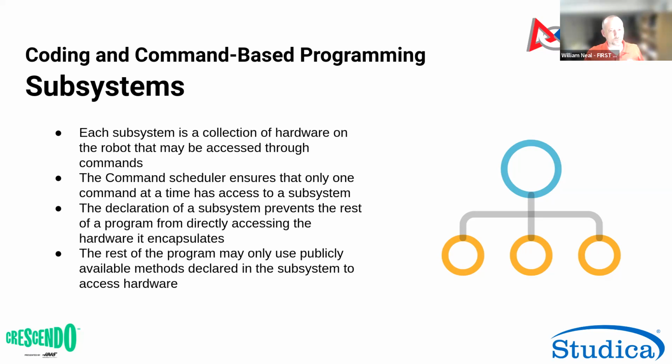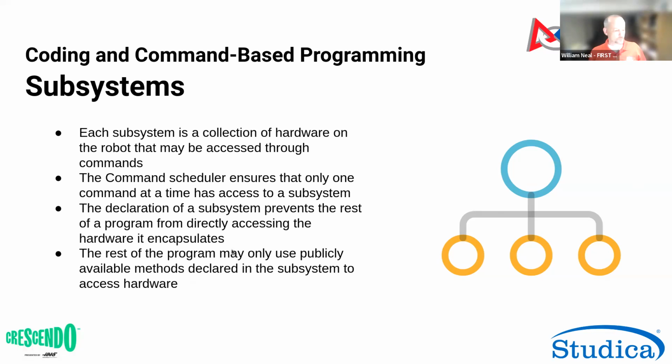For example, you may just use the command lift the arm, and inside the subsystem coding, there are some private methods that specify what's the port of the motor that's running that arm. And that's all hidden away from the rest of the program. And that's the idea behind the subsystems.